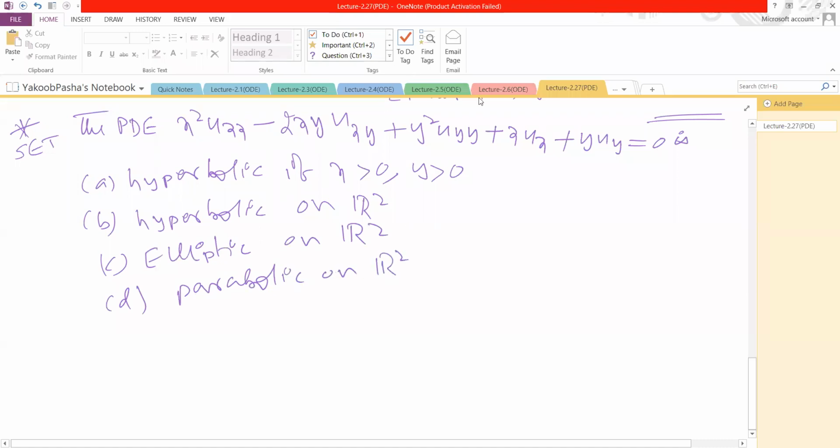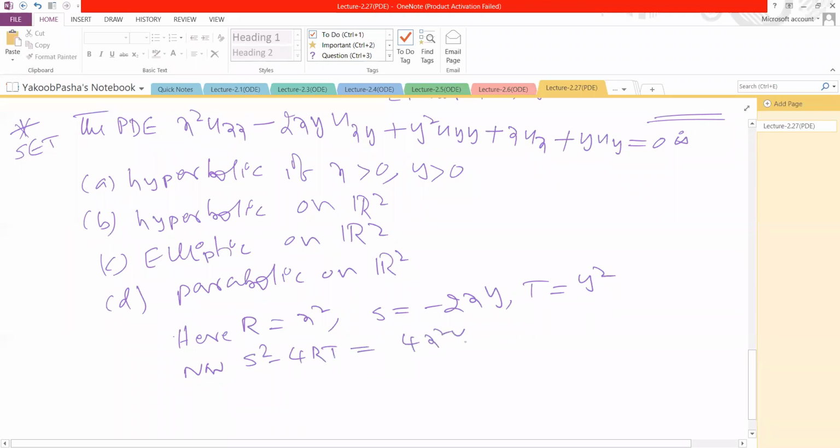You can check. First I am taking r value is equal to x square, s value minus 2xy, t value y square, and s square minus 4rt value is 4x square y square minus 4 into r is x square, t is y square, that is equal to 0.